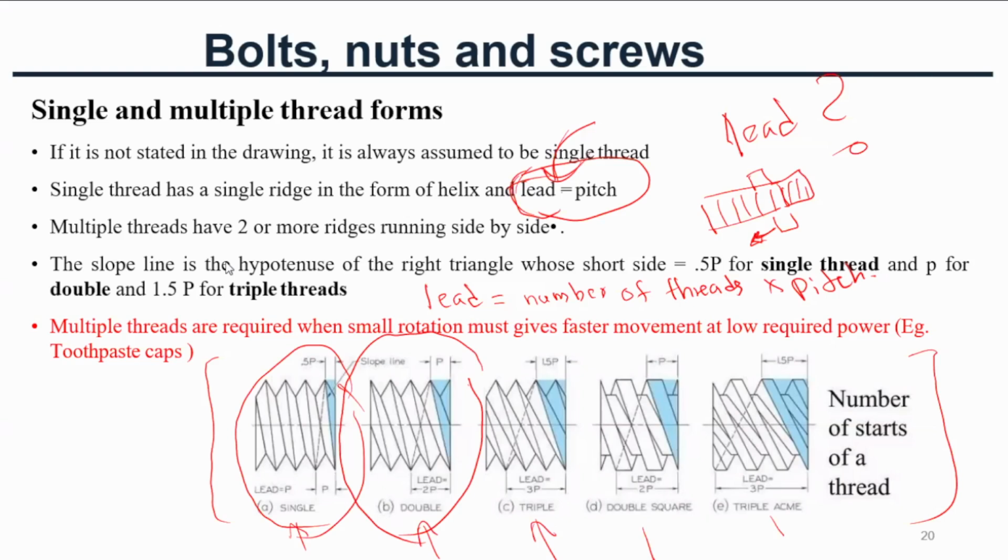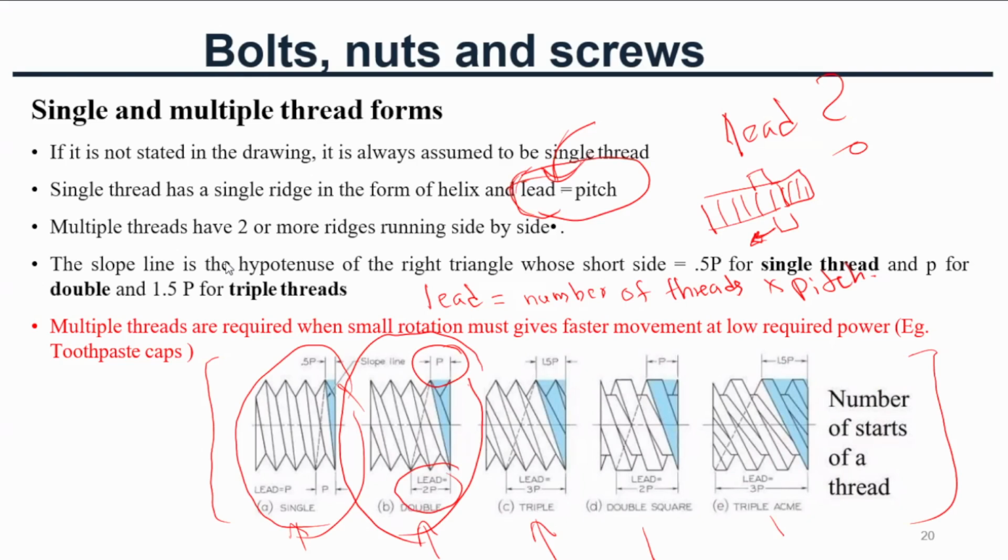The pitch is P, but the lead is 2P. Likewise, we can get the lead as the number of threads multiplied by pitch.